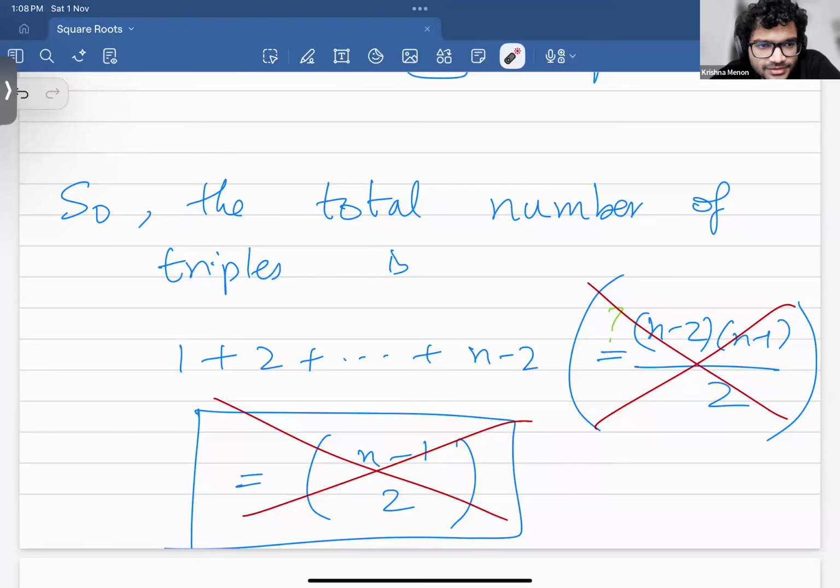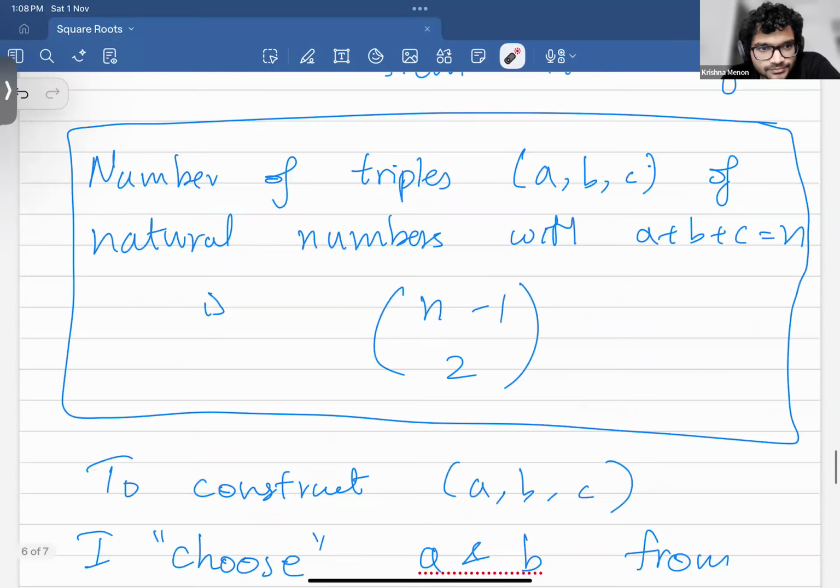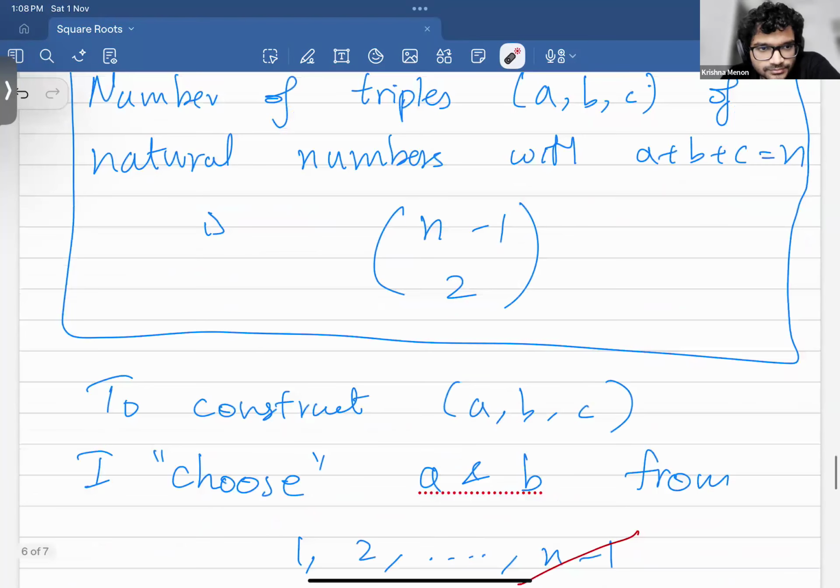So, Vikrant, are you raising your hand because you don't understand this? No, sir, I just wanted to say everything was correct, sir. About the general statement, n minus 1 choose 2 is correct. And also we have to choose 1, 2 up to n minus 2, that A and B thing. n choose 2 is basically n factorial over 2 factorial times n minus 2 factorial, which we can cancel out the n minus 2 factorial part.